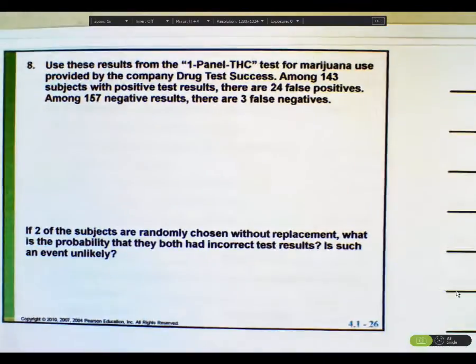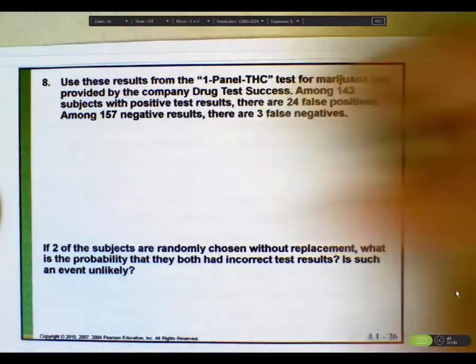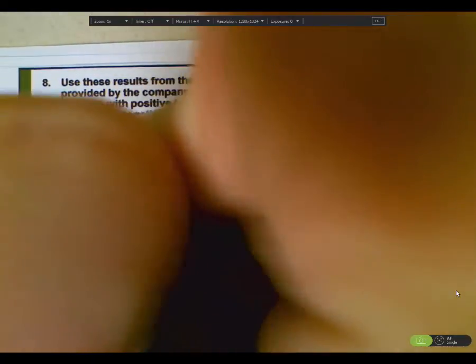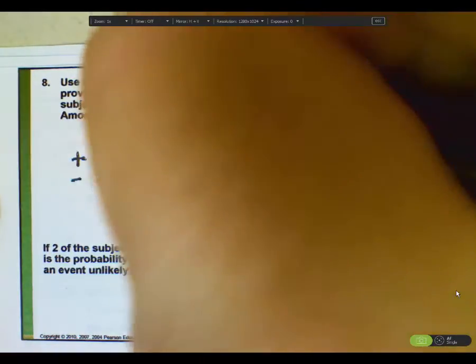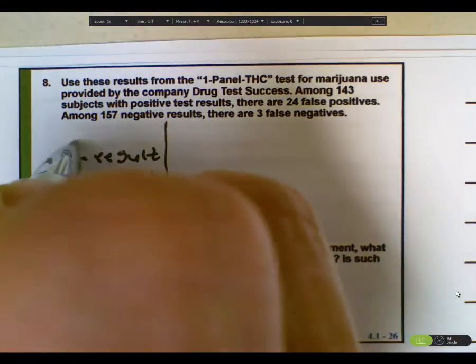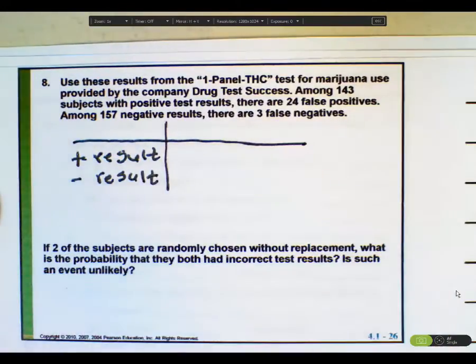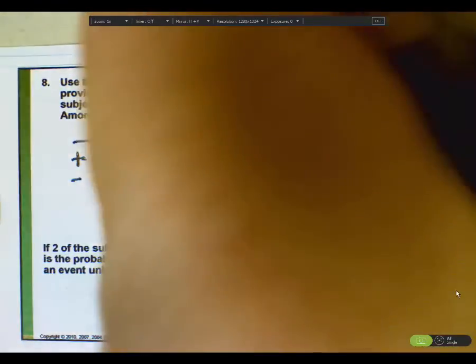the test results being my rows, positive result or a negative result. And then I could make my columns be whether the person actually was using or not using.